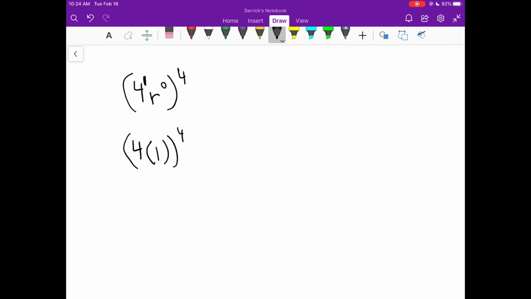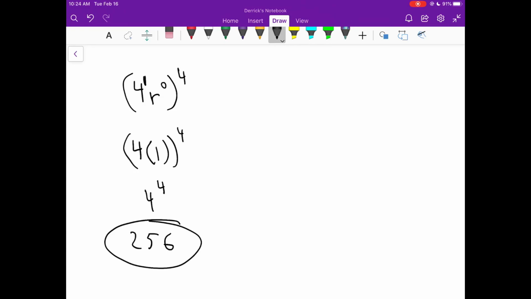And 4 times 1 is just 4, so that means really all we're doing is taking 4 to the 4th power. Now, in general, I can't speak for every single teacher, but in general, if you have a number like this that you can actually simplify by just tossing into a calculator, generally they're going to ask you to do that. So I would not say 4 to the 4th is a final answer. I would say 256, what 4 to the 4th power actually is, would be your final answer.